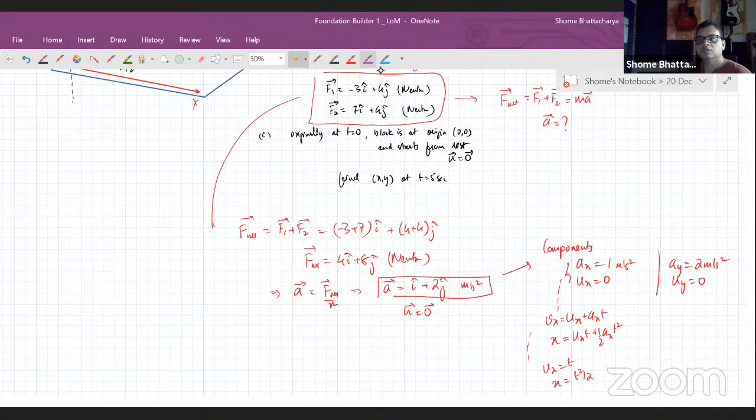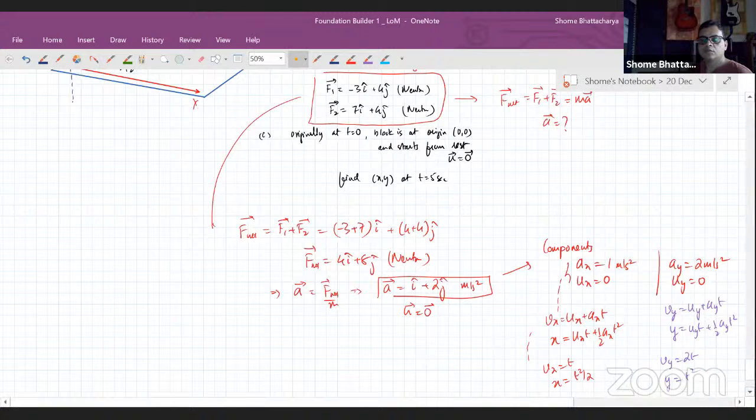And similarly, Vy as a function of time will be Uy plus Ay into t, and the y component of displacement will be like this. So in this particular case, this will be 2t, and the y component of displacement will be t square.